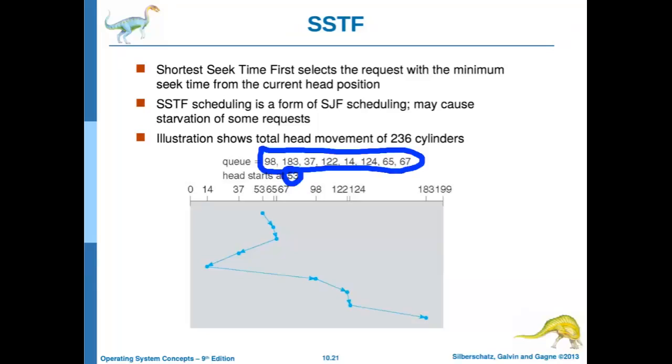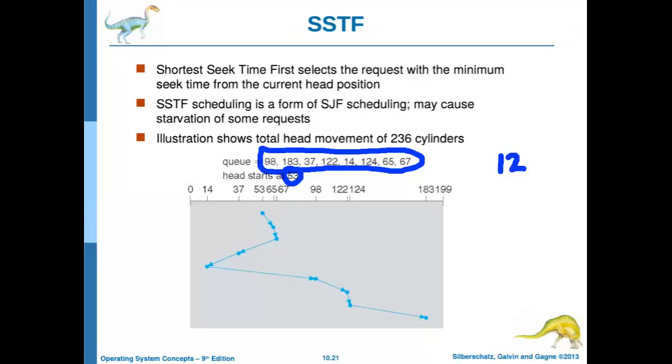So out of these, the nearest one is 65. The movement required is 65 minus 53. That gives me 12.